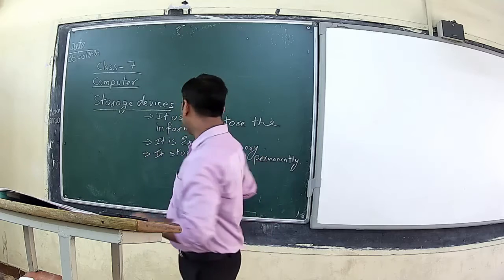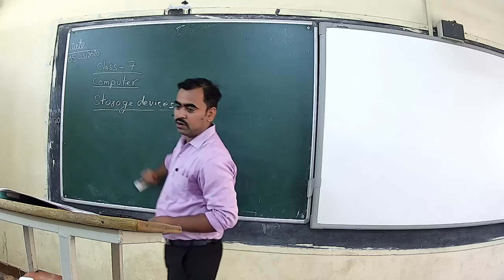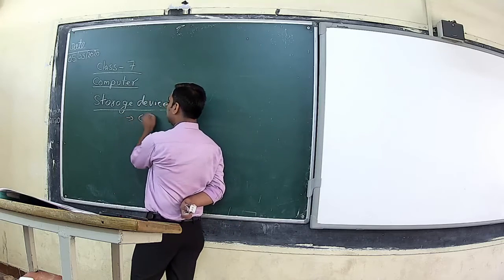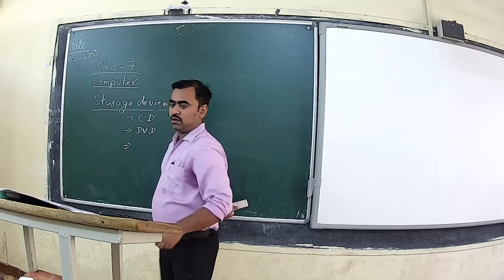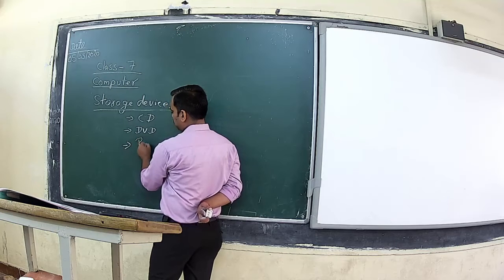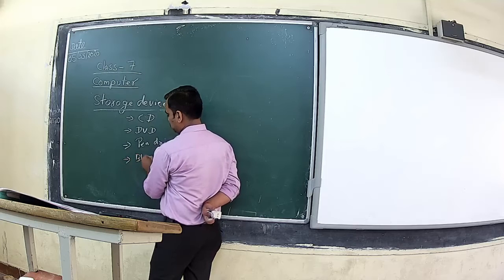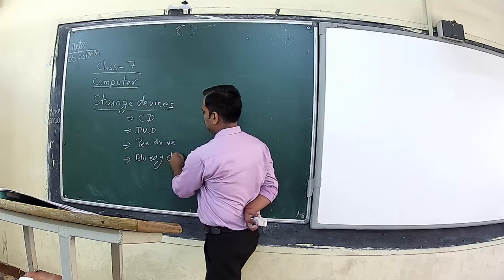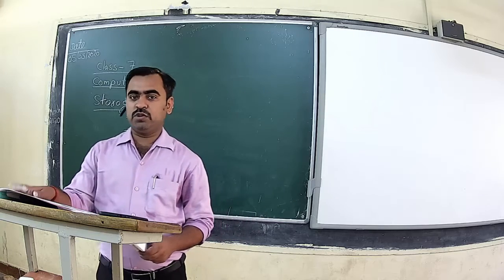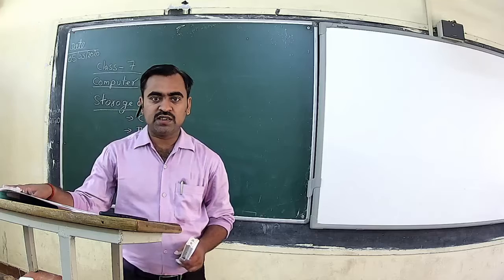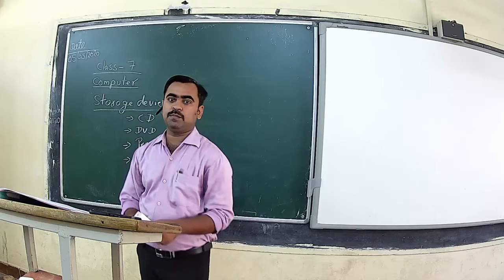Okay. Now the different types of external storage devices are CD, DVD, then pen drive and Blu-ray disc. You are already familiar with these storage devices as you have already studied this in your primary classes, in class 4th also, as it is a part of your class 4th.